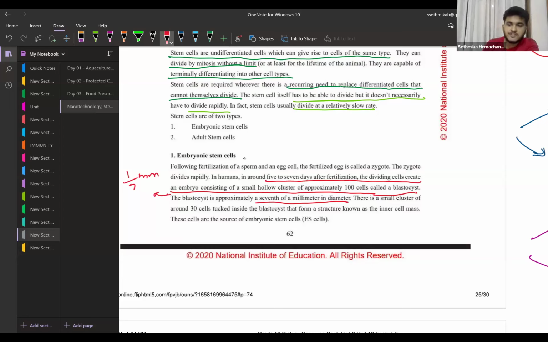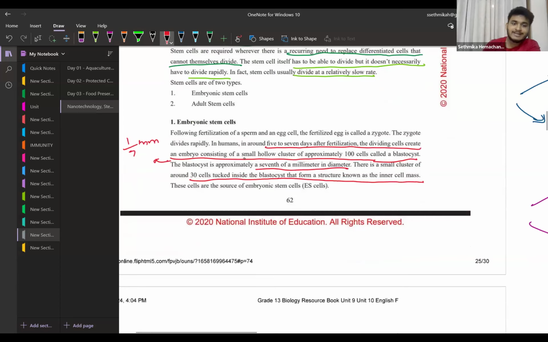There is a small cluster of around 30 cells tucked inside the blastocyst that forms a structure known as the inner cell mass. So out of these 100 cells, about 30 form the inner cell mass. These cells are the source of embryonic stem cells.